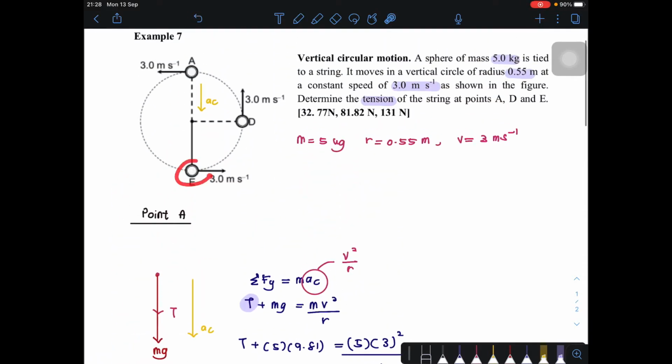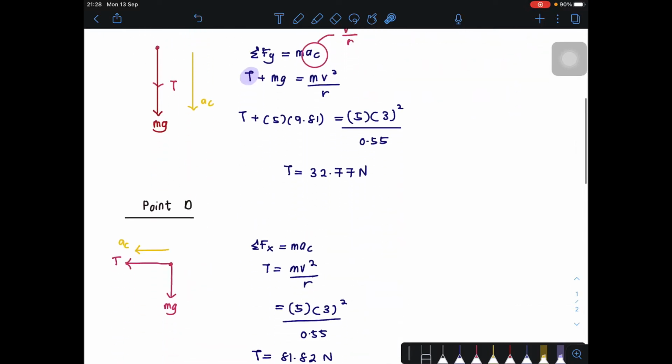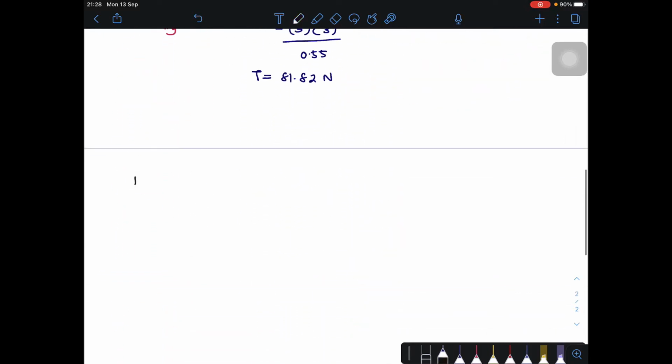Now point E. Dekat point E, sama juga steps dia. Kita akan lukis free body diagram di mana tension is along the y-axis. So tension is towards the center. And then ke bawah kita akan ada mg. So lukis dekat sini point E. Okay, point E tadi ke bawah always mg, which is the weight force, and then tension tadi towards the center.